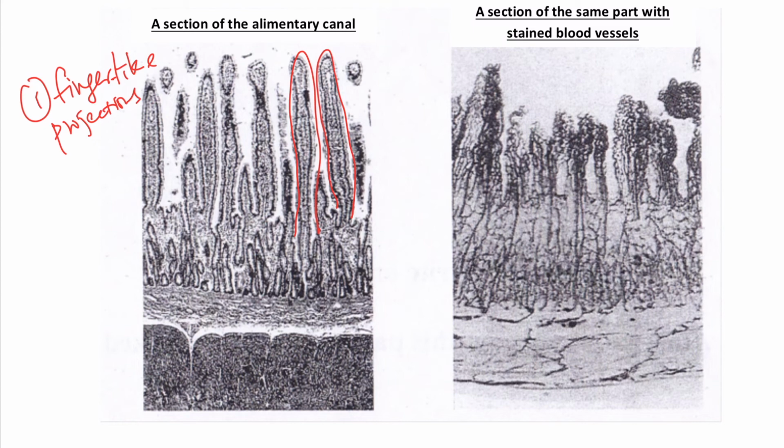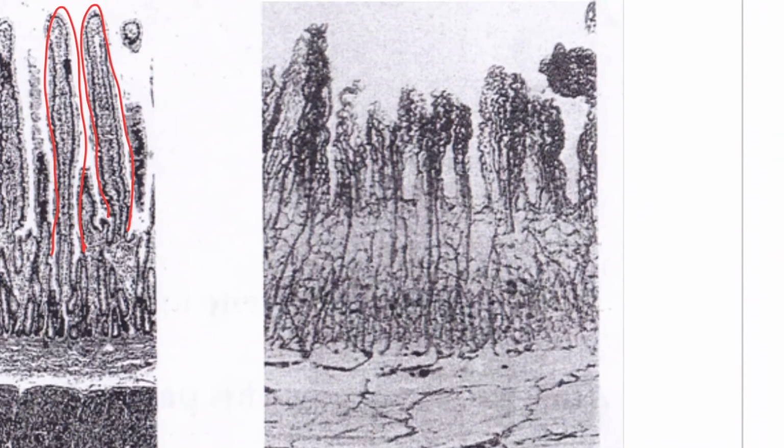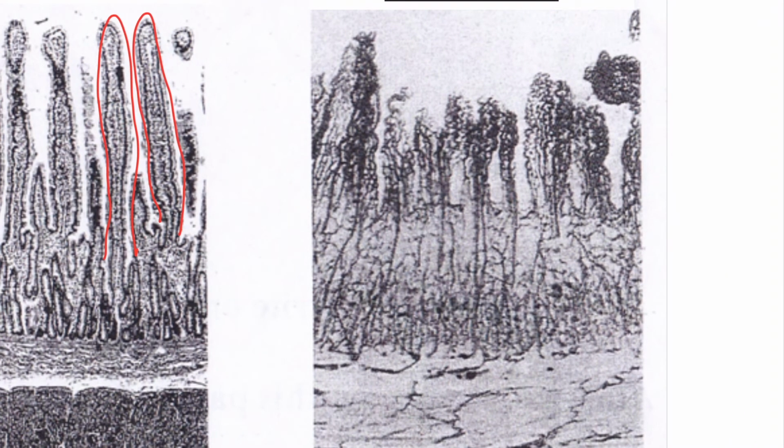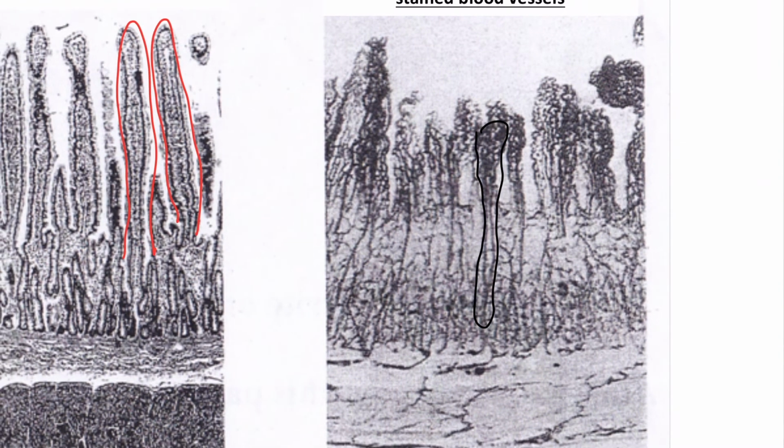Okay. On the other hand, for this diagram, you can see there are lots of black lines here. All these black lines are actually blood capillaries. So when you see this diagram, please write, you can see a dense network of blood capillaries.